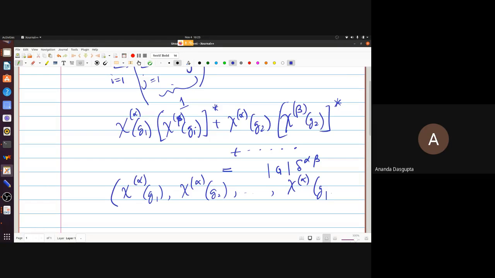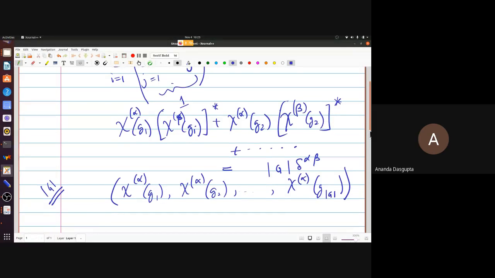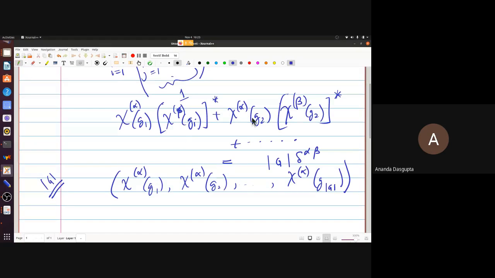So if there are mod G group elements, there will be G mod G at the end. You take every one of these characters and make a row vector out of them. That's a mod G dimensional row vector. So what does this tell you about such vectors? If you have two such vectors, one for the irrep alpha, another for the irrep beta, this product that you have is nothing but a standard dot product, right?